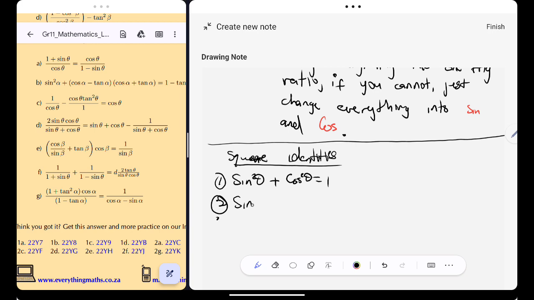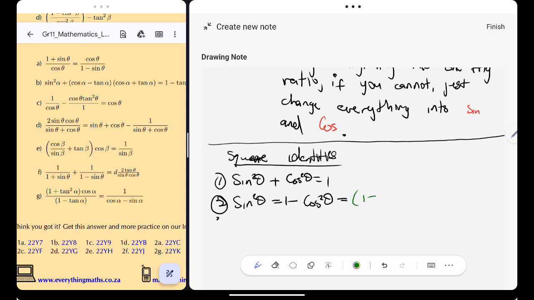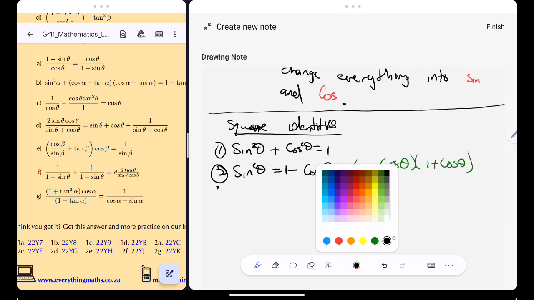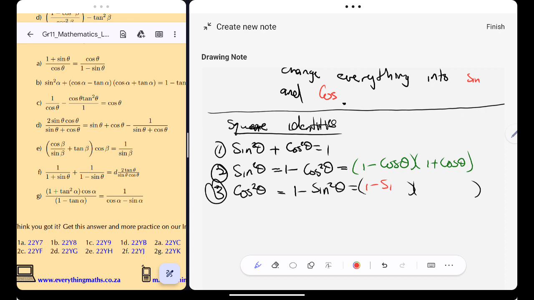Secondly, sine squared theta is equal to 1 minus cos squared theta, which can be further factorized because it's the difference of two squares. And then thirdly, we have cos squared theta is equal to 1 minus sine squared theta, which can be further factorized because it's the difference of two squares.